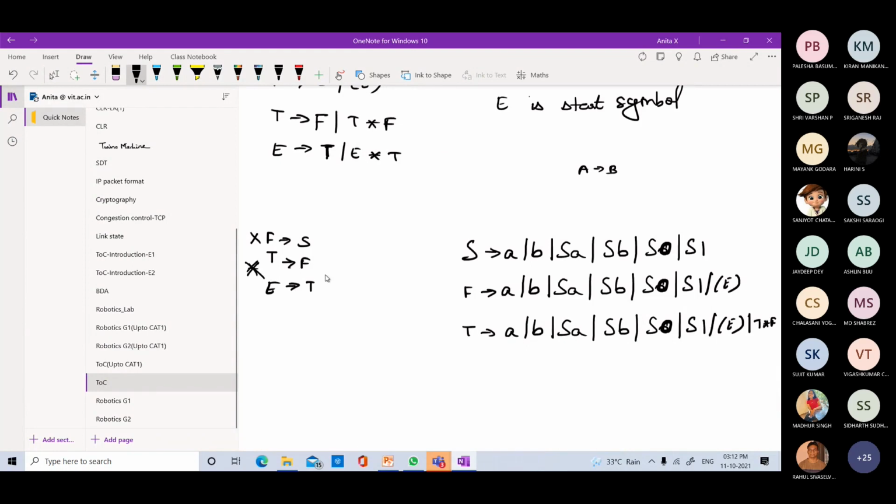Next we have to eliminate this one. So what should I do? All the productions of T should be placed here.